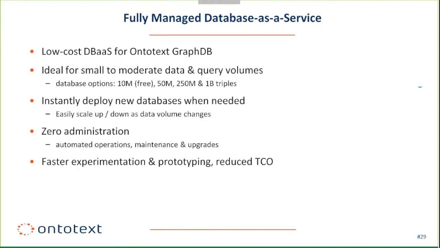Those are up to 10 million triples, which we provide for free, and there's also 50 million, 250 million, and 1 billion. And a great advantage of it is that you can instantly deploy the new databases when needed. So it's very easy to scale up and down as your data volumes change.